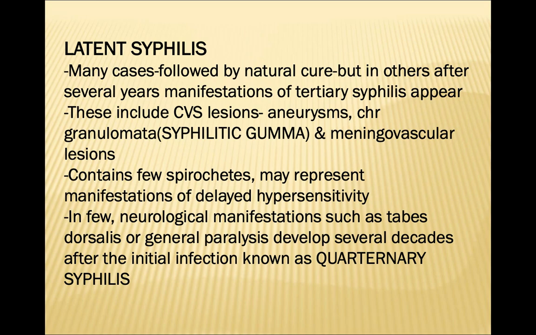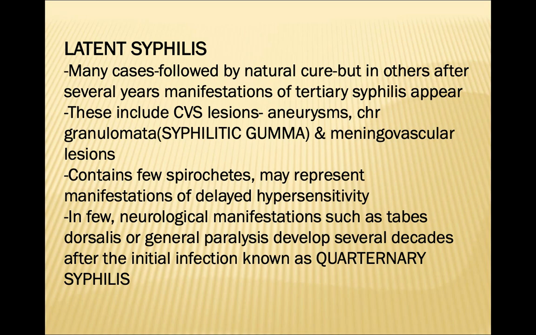The lesions which you will get during the tertiary syphilis are cardiovascular lesions, the most common being the aneurysms, chronic granulomata, which are called gumma, and meningovascular manifestations, wherein there is vasculitis which leads to stroke.